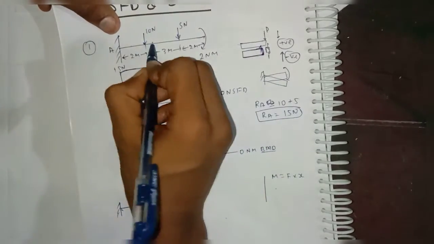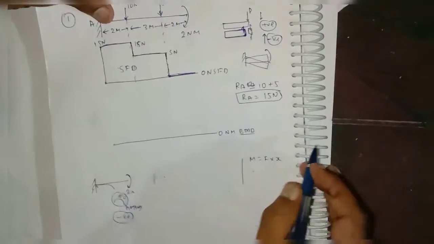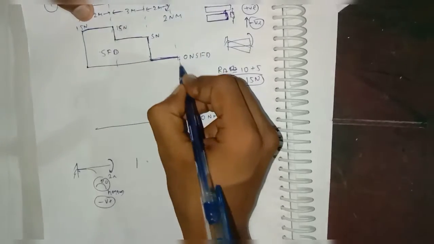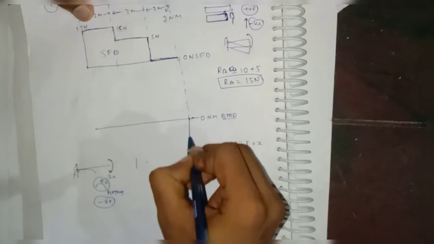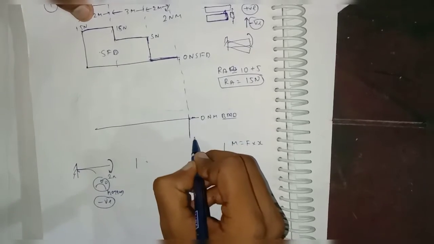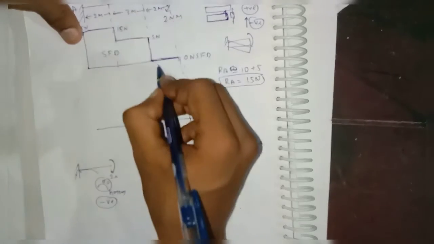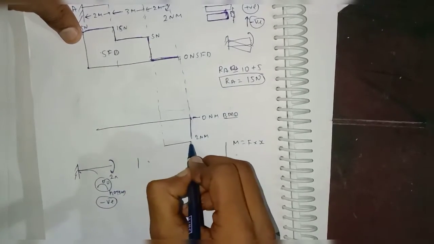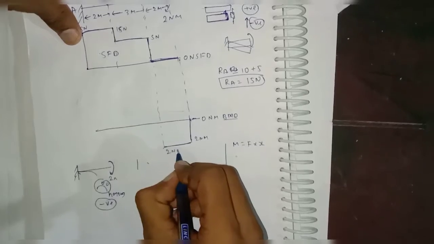It is like here, everywhere is 2 Newton meter only. So this 2 Newton meter will be a sudden jump. Then up to this there is no other force, no load, so up to this it will be constant. So up to here 2 Newton meter.